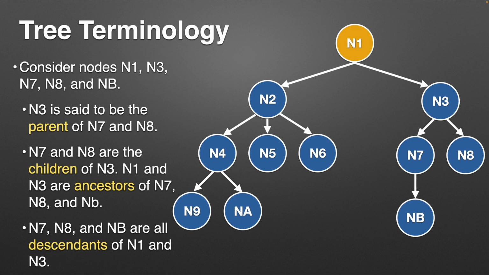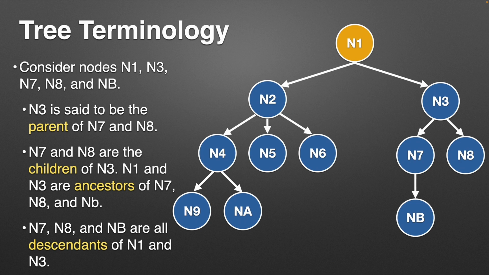So they're still all descendants of N3. N7 and N8 are also descendants of N1. And they are ancestors of, in this case, N8 here. And let's see.